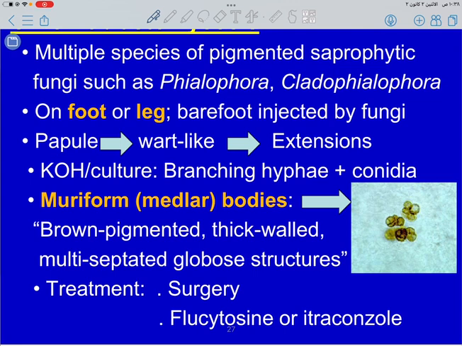These are brown, look at them, brown, pigmented, thick-walled, multi-septated globose structure، يعني كريات globose structure. The treatment by surgery, or you can use flucytosine or itraconazole. نفس الأدوية اللي ذكرناها. Any question?